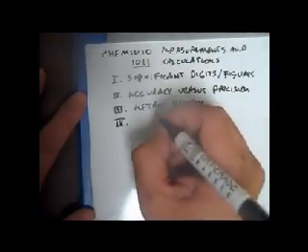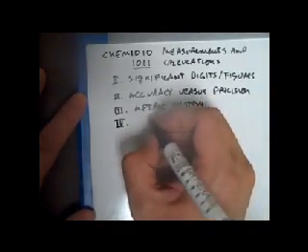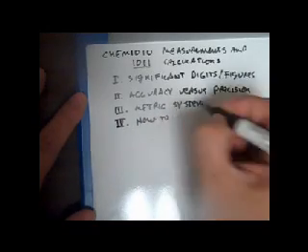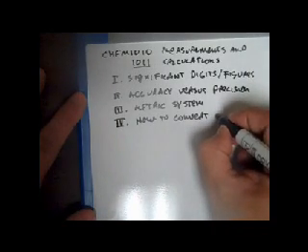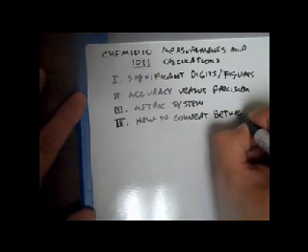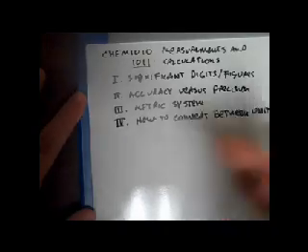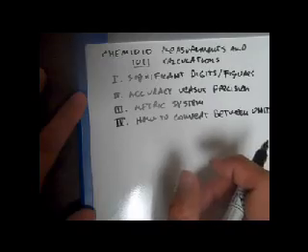And lastly, related to the metric system, we'll close with some examples of how to convert between units, let's say between a metric unit and the English unit.